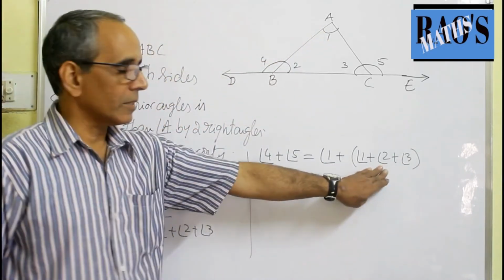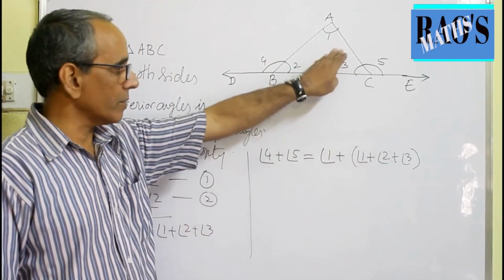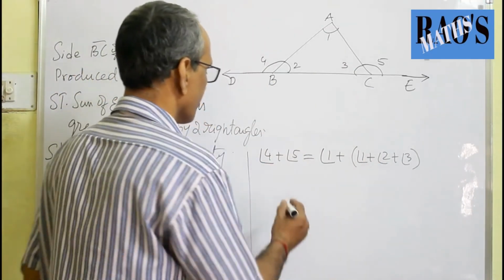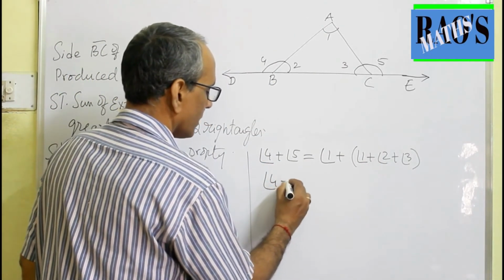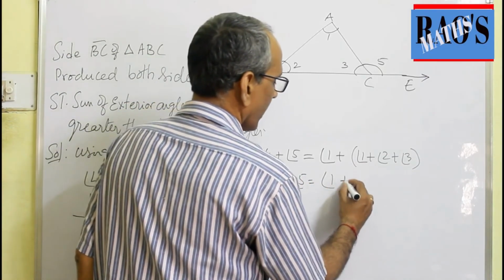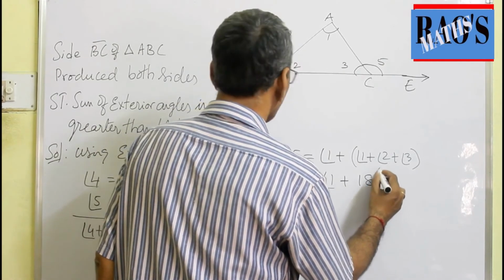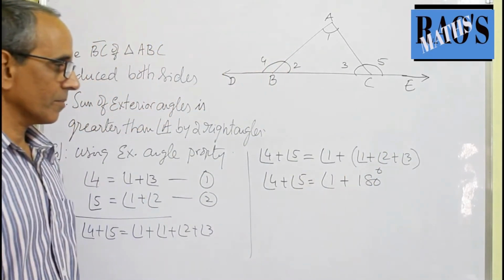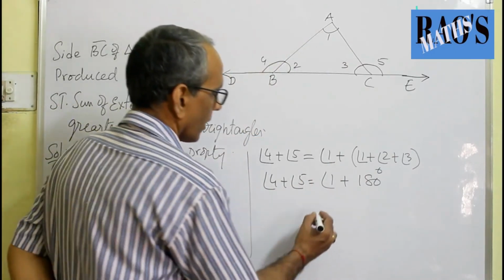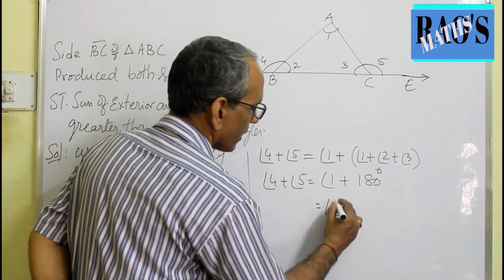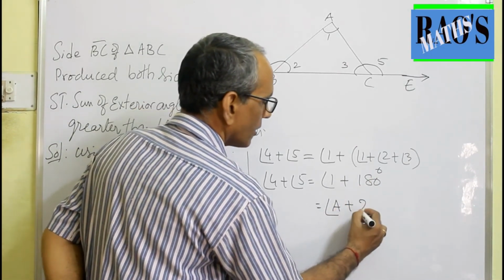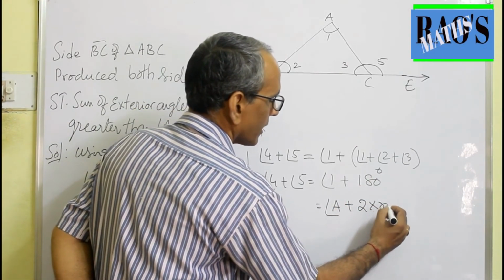We know the sum of these, the angles of the triangle, is equal to 180. In place of 1 plus 2 plus 3 we write 180 degrees. So angle 4 plus angle 5 is equal to angle 1 plus 180 degrees. Angle 1 is nothing but angle A. I write here angle A. In place of 180, I write 2 into right angle.